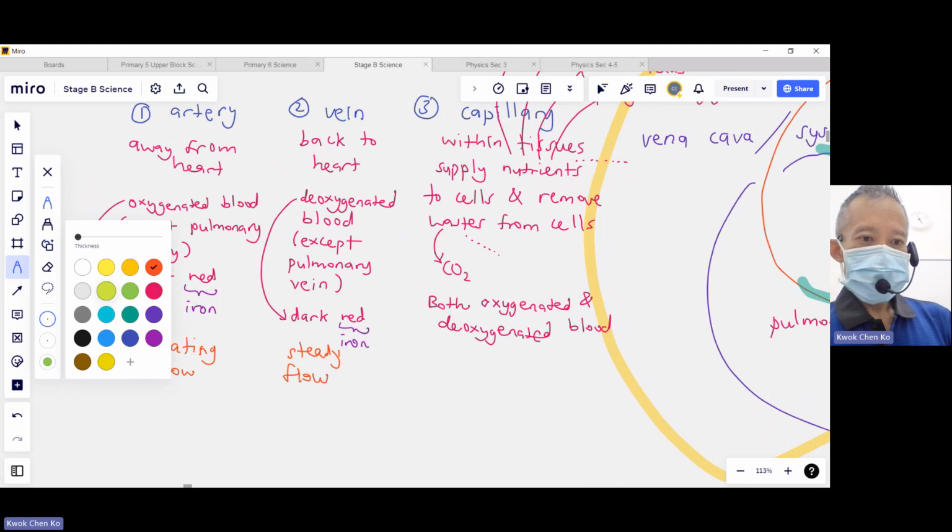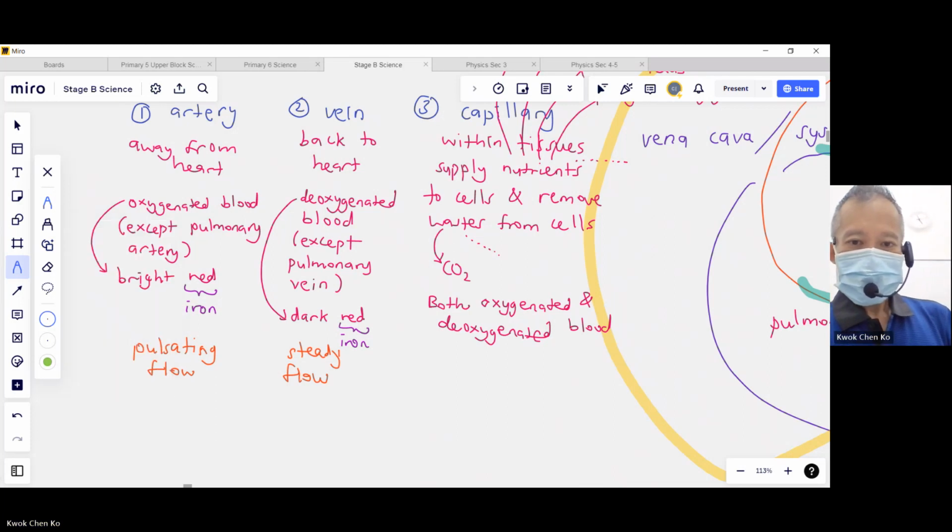Capillary, it's not exactly steady, but still use the word steady. But in small amounts.